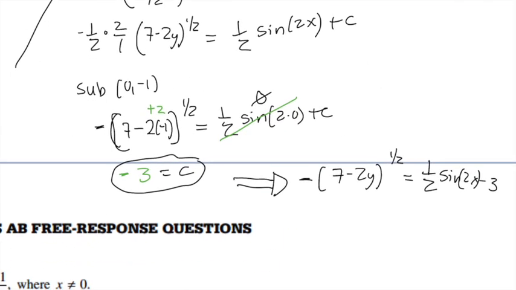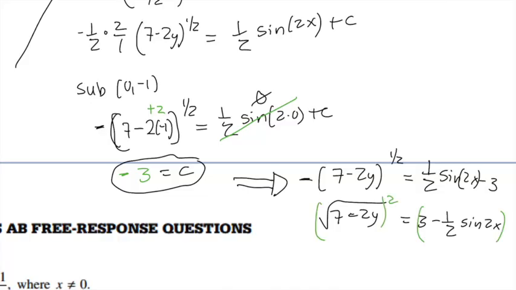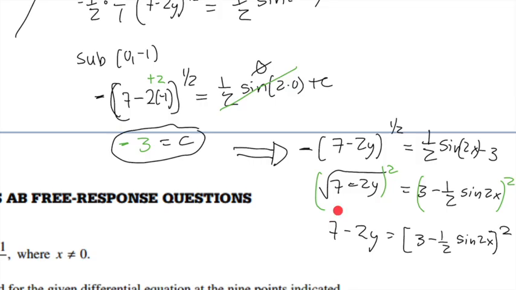So getting y by itself, the first thing I'm going to do is move the negative over. Basically, if I divide by negative 1, this turns into negative, this turns into a positive. And I'm just going to turn this back into a square root to show you. And then now we're going to square each side. And then to finish this, subtract 7 and then divide by negative 2.